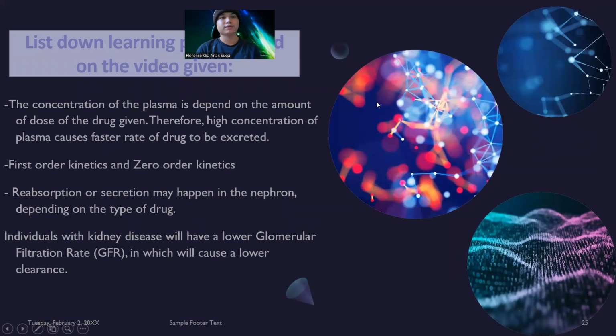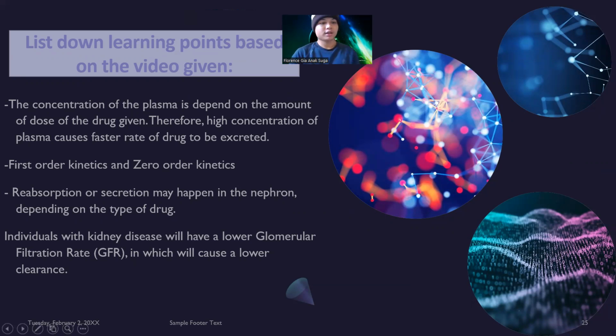So the learning points based on the video given: the plasma concentration depends on the dose of the drug given. Therefore, a high plasma concentration causes a faster rate of drug excretion. Besides that, first order kinetics and zero order kinetics are also major points in the video.